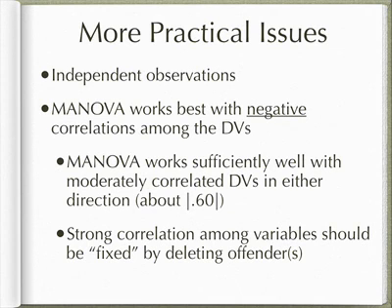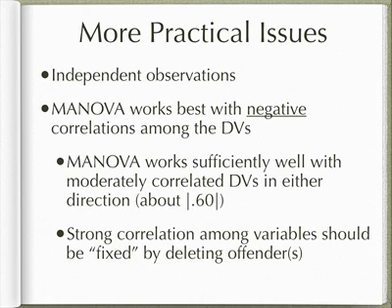Couple more practical issues: independent observations. Again, just as a review, this will be the last time you get to see this, unfortunately, or fortunately. Independent observations, again, are what? I thought we just said that's what we use, the repeated measures analysis.